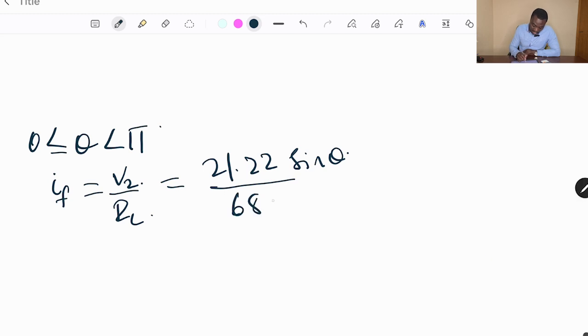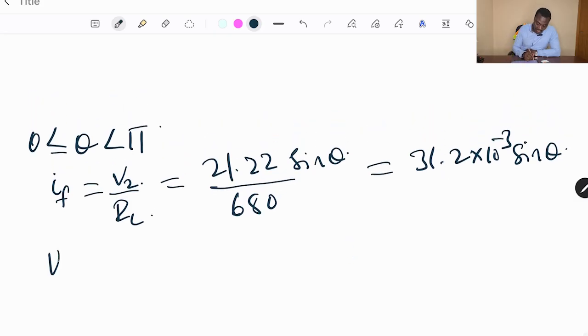So 21.22 divided by 680 will give us 31.2 milli sine theta. So you can see here our maximum.